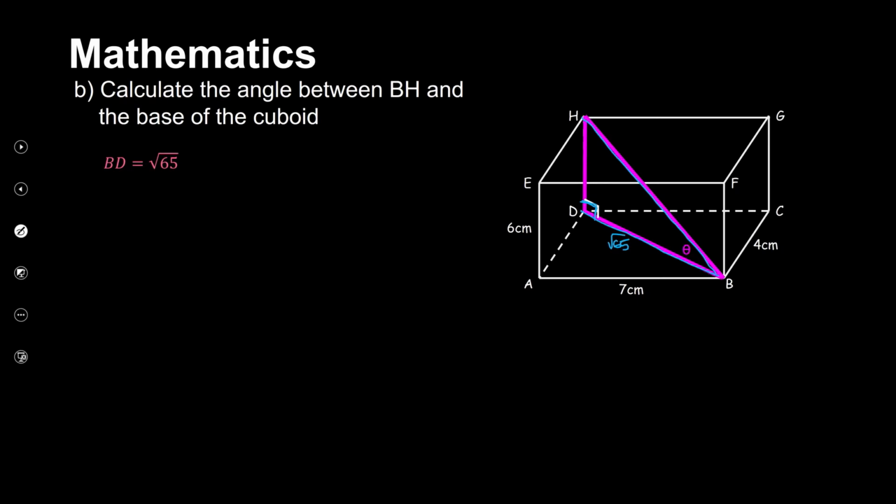So now we have a new right angle triangle in BDH, where BH is the hypotenuse. If we redraw this, it does help to redraw the triangle separately with the information you want, just so you can make sure you understand where the right angle triangles are. Here's a drawing. BD is root of 65, and here's our right angle triangle, and DH is 6 centimeters.